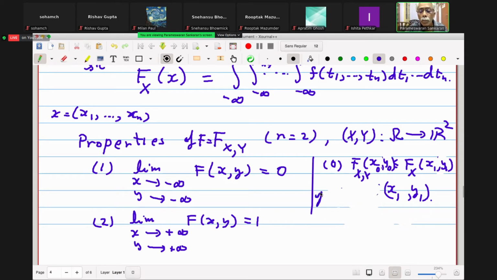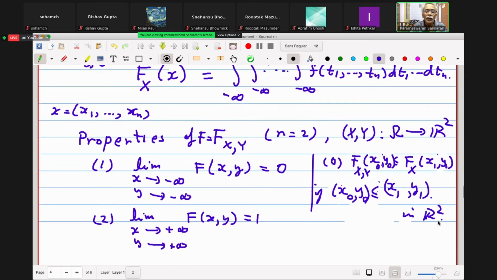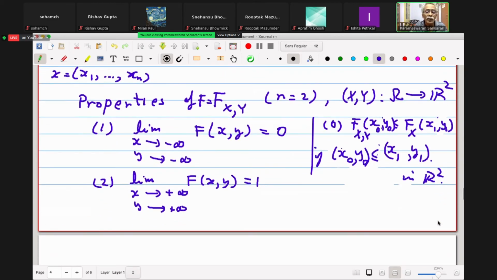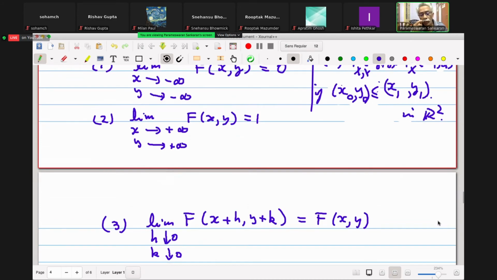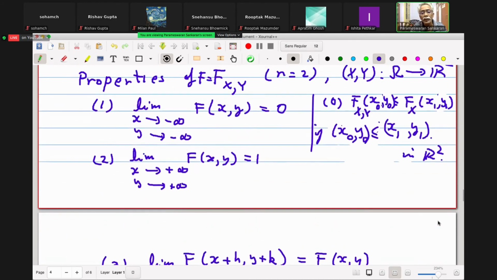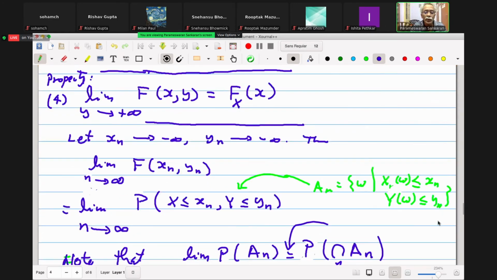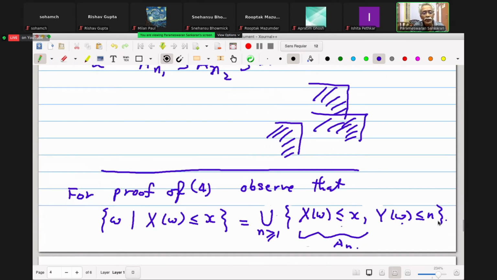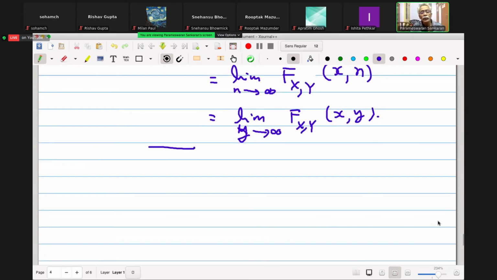Absolutely it is true in R2. Of course, this is very much required. Otherwise, you would only be told the limit properties, but this is absolutely essential and rather trivial. I was not thinking in terms of characterization, so I didn't pay attention to it. But of course it is true.